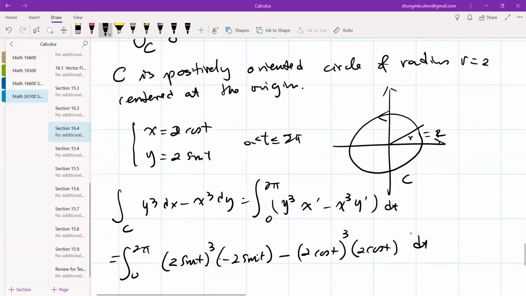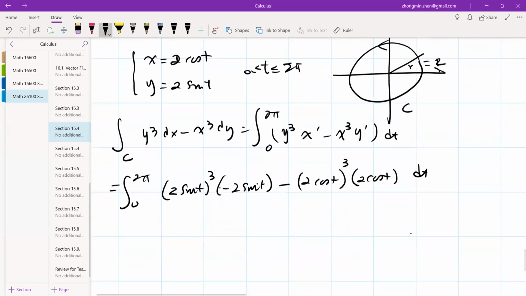Okay, so after simplifying, what do you get? You have a negative 2 to the fourth power, times sine to the fourth t minus cosine to the fourth power.